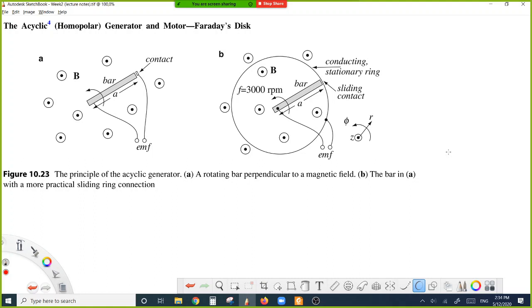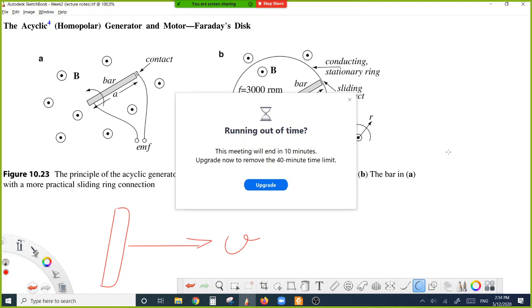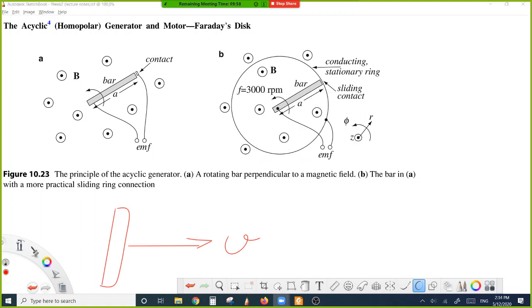We have already seen that if we have a conducting bar moving at some speed in a uniform magnetic field, it produces a DC electromotive force.